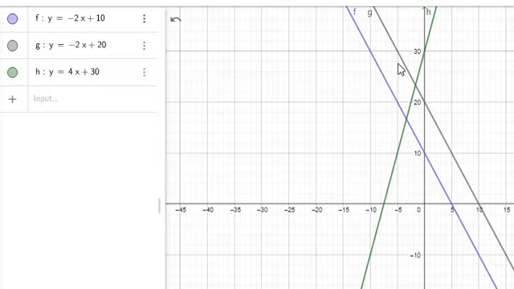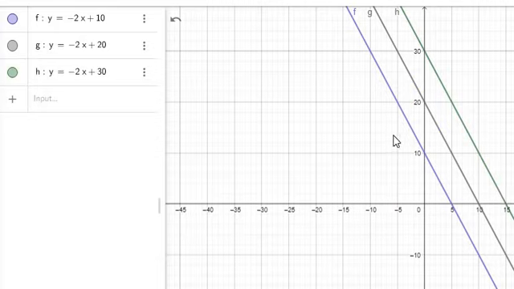And if we look at their graphs, we can see that they are parallel. Is this a coincidence? Let us change the gradient for the h function to a negative 2 as well and see what happens. And as we can see, the 3 graphs are parallel.